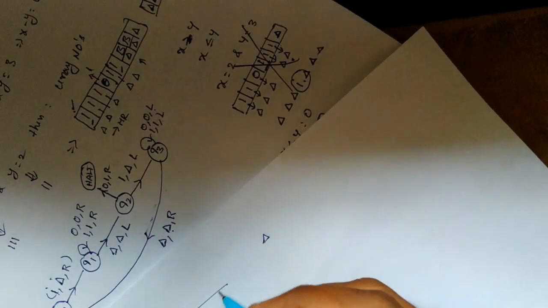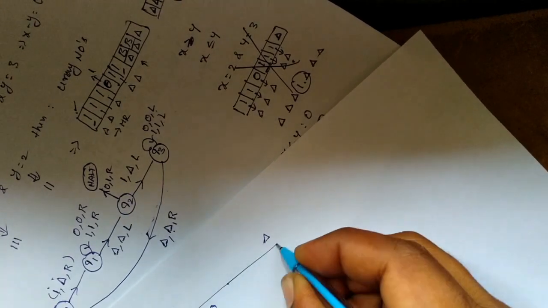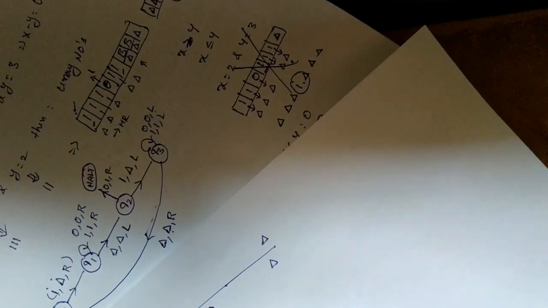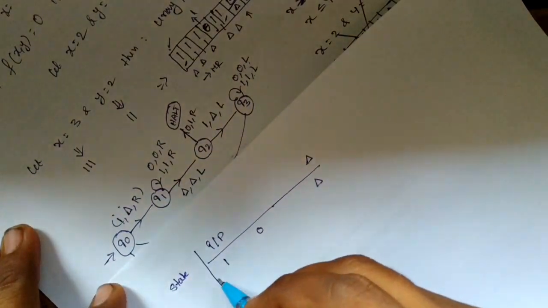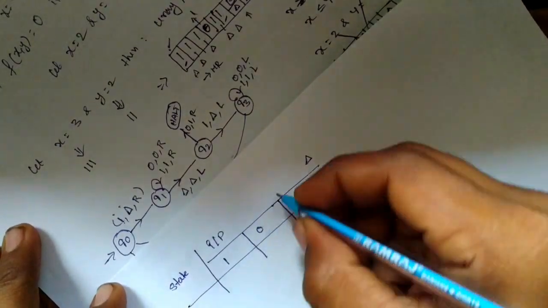So here the input symbols are either 1 or 0, and in rare cases we can consider blank also as an input symbol. So these are the inputs: 1, 0 and blank.